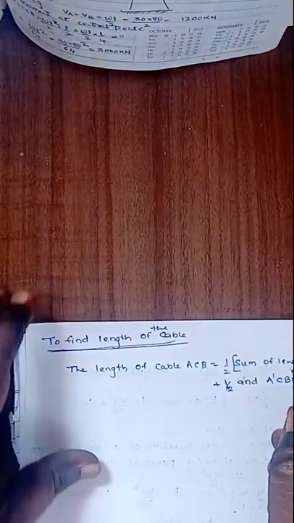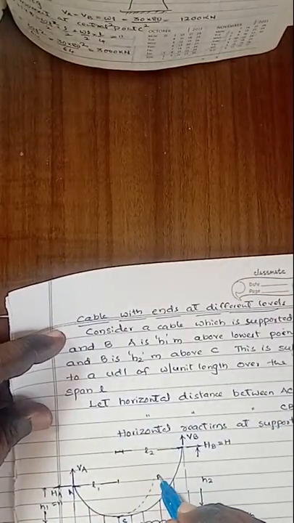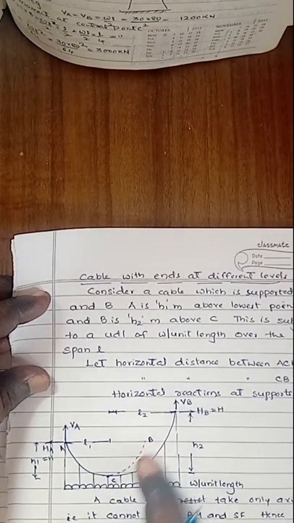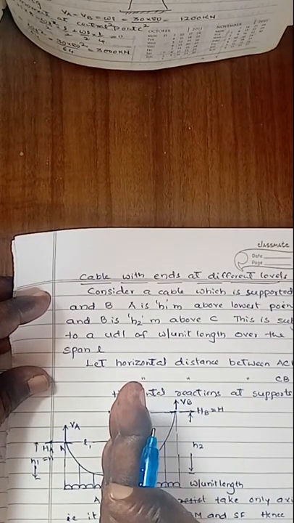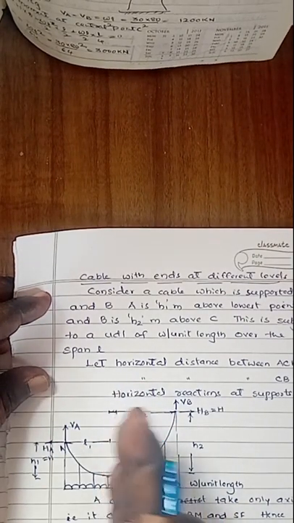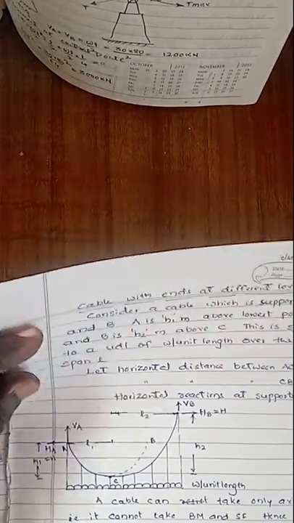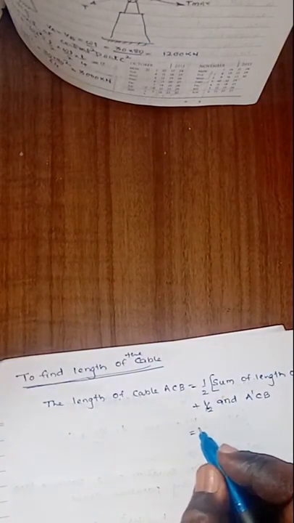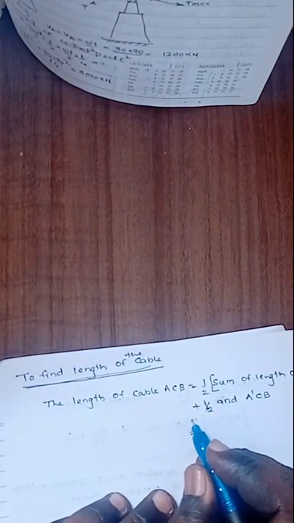Here we have extended as shown in the figure. Here we have extended this curve up to B dash. Here we have made it symmetrical, half of the length of this portion and half of the length of this portion.